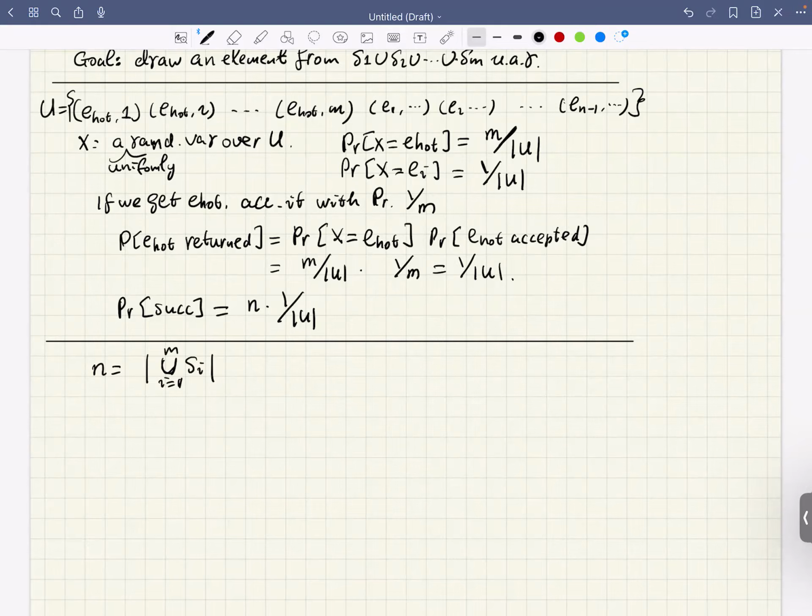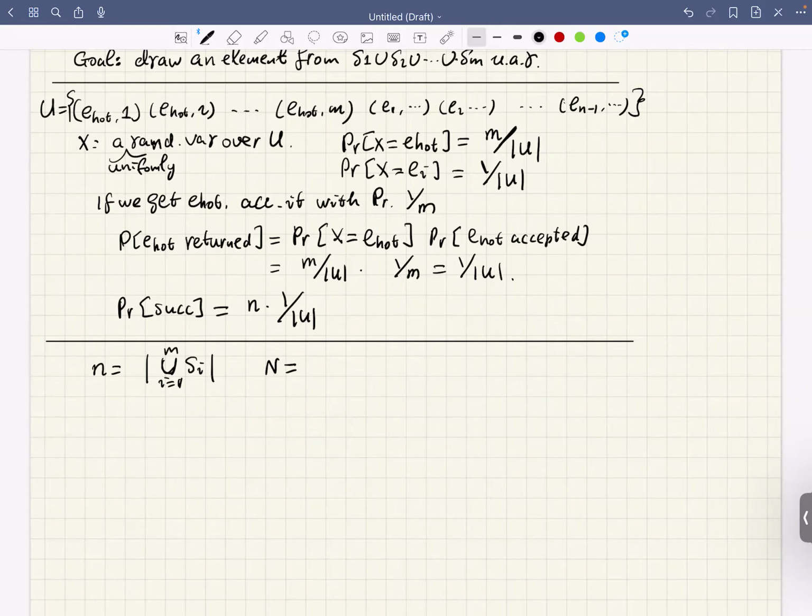This is the number of distinct elements you have in all those sets, so that's the size N. And also let's denote this big N as the size of the universe. Just to remember what a universe is.